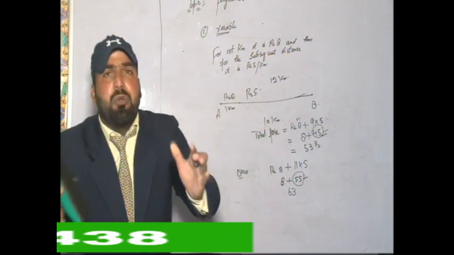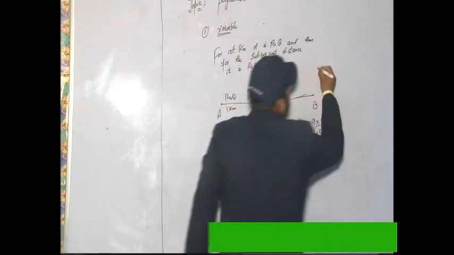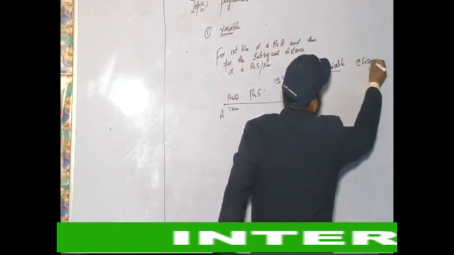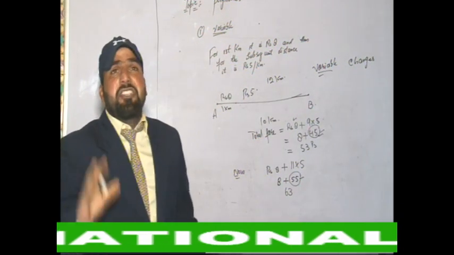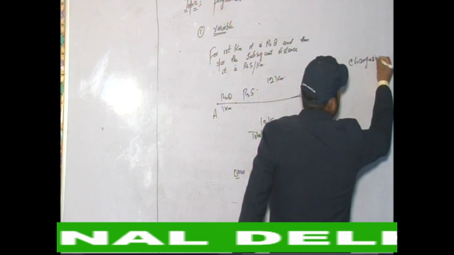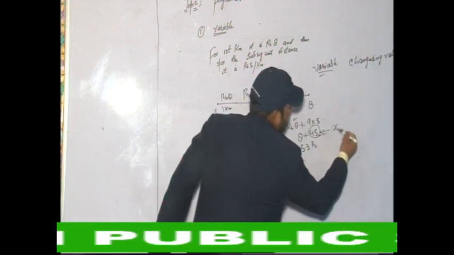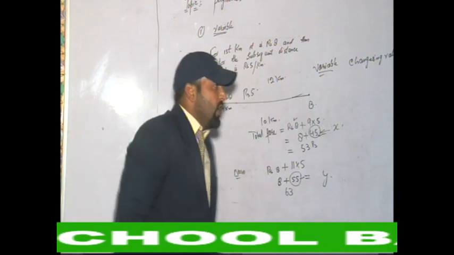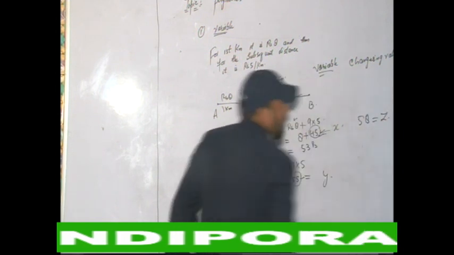So the changing value is known as the variable. We come to the conclusion that variable means the changing value. Suppose this is equal to x and this is equal to y, and similarly we can take another, for example 58, equal to z.